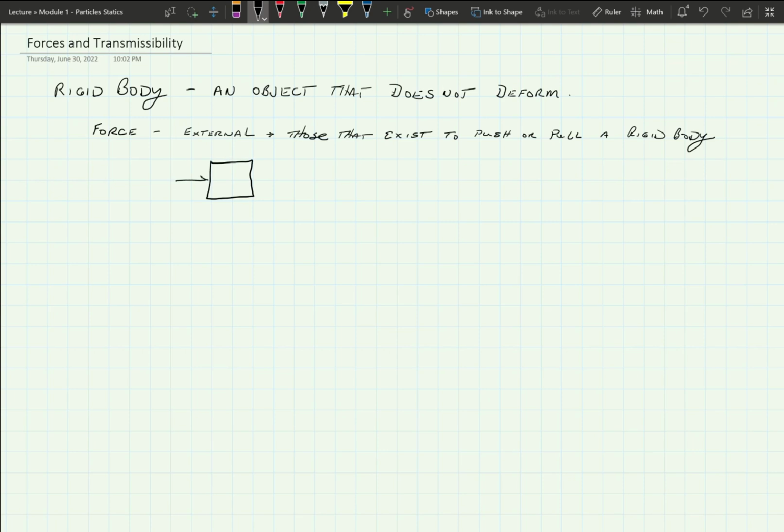I put a force there, call it P. This thing is going to slide along in that direction. Okay, and that's the movement, and that's the force that's causing that. We're going to spend a lot of time with that when we get to chapters 4 and 5, and you want to make sure you are aware of that.